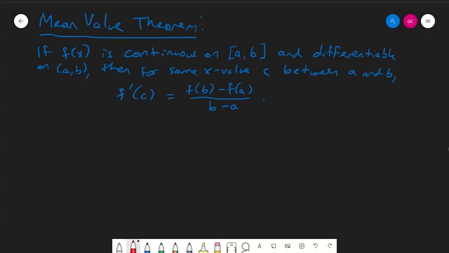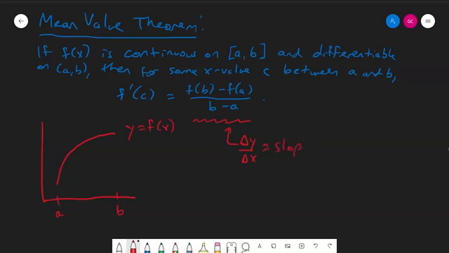And this one is best explained with a picture. So let's say we have some function y equals f of x defined on some range here from a to b. Now this thing on the right-hand side, well, look at that. That's a difference in outputs divided by a difference in inputs.